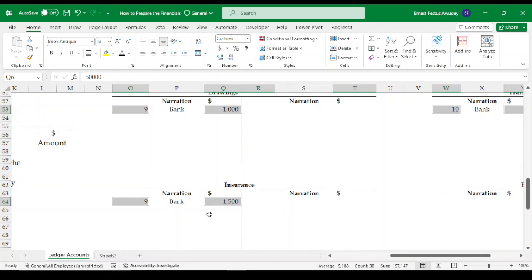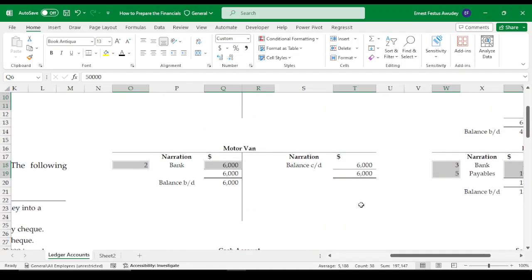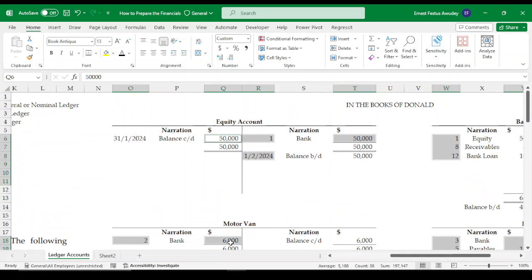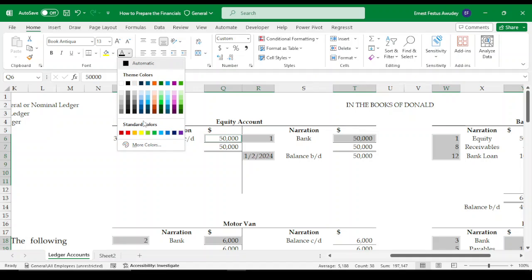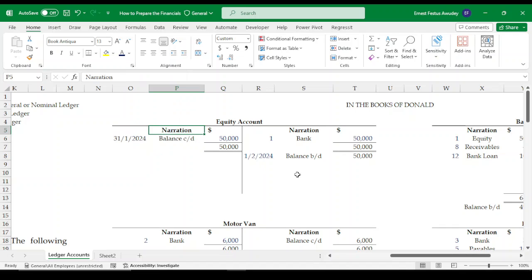To differentiate those ones from the references, so that in case we want to make any changes to our figures or to our transactions, we will change these ones rather than the referenced ones, we are going to change the font color. So I'll come here and change the font color to this blue. That is what we usually do in financial modeling as well.